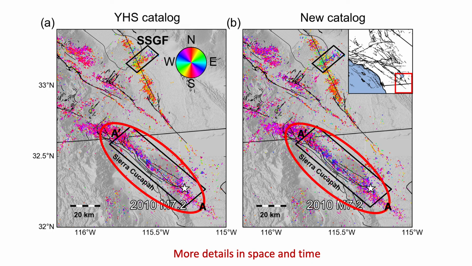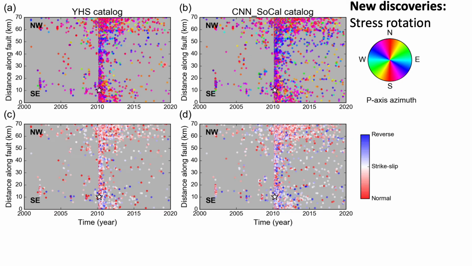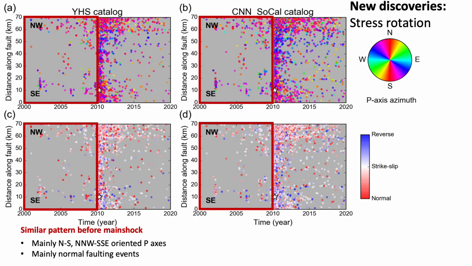We further check the temporal variations of the focal mechanisms near the 2010 El Mayor-Cucapah earthquake along A-A prime. The upper figures show the focal mechanisms colored by P-axis azimuth. The lower figures show the faulting types.